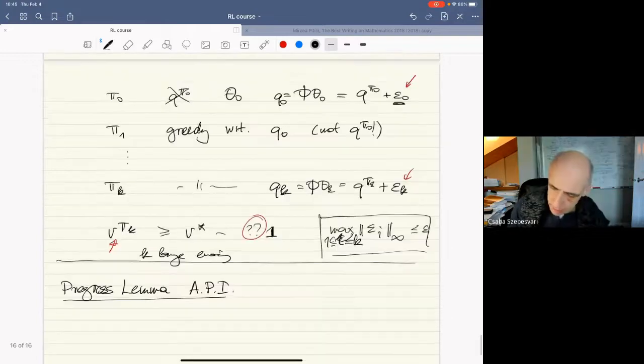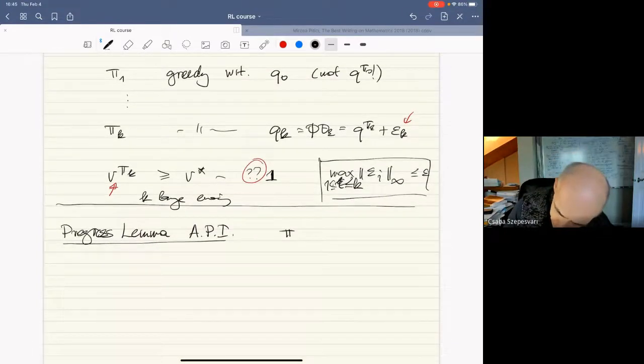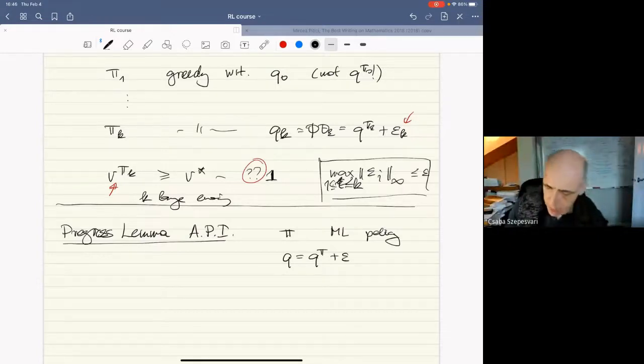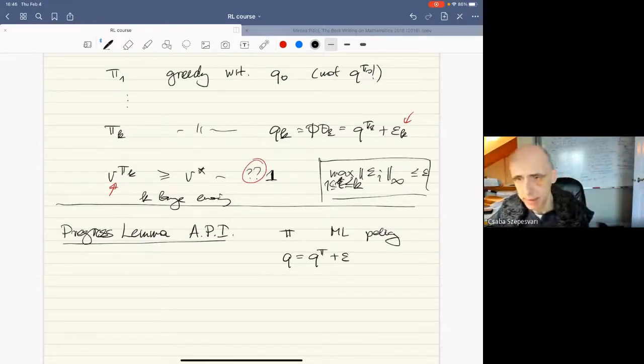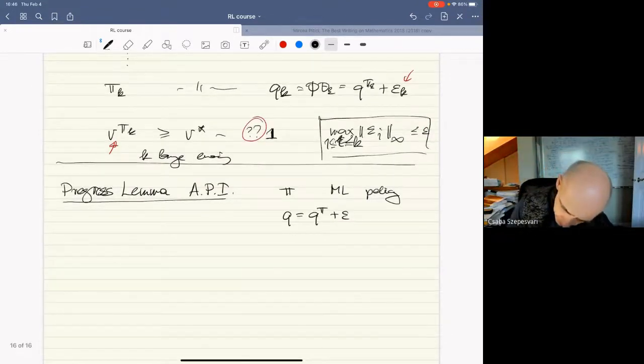I have a function, I have a policy pi, let's just say a memoryless policy. And I have a function which is almost the same as q pi, but there is some error, epsilon. And then I choose this pi prime, which is greedy with respect to q.